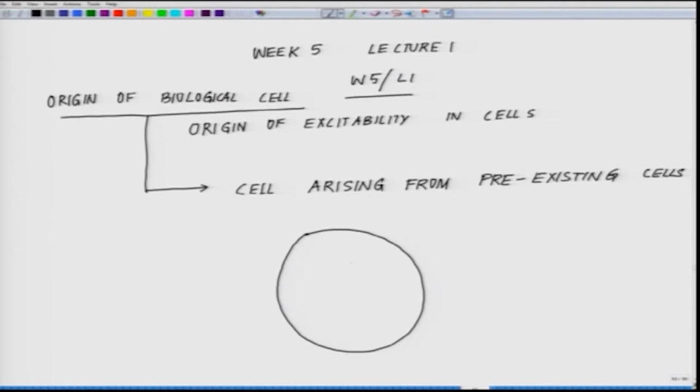Of course, now we have already introduced the neurons, which have a different kind of architecture.